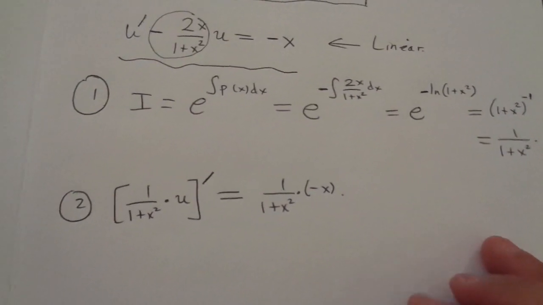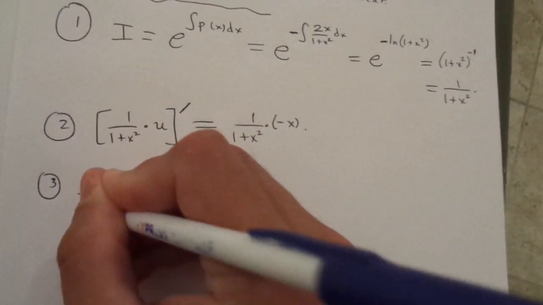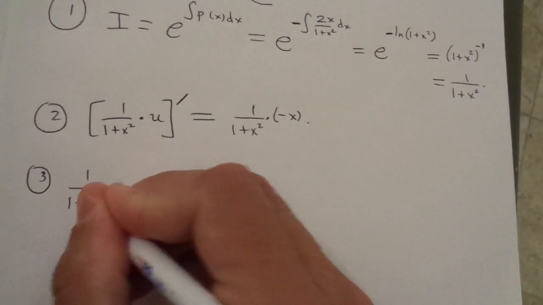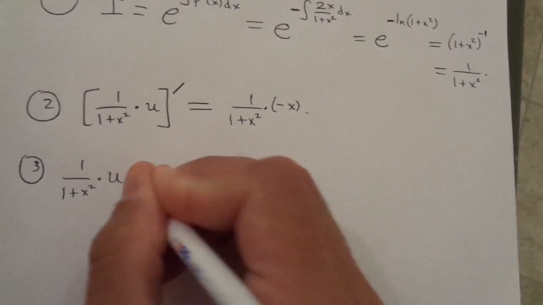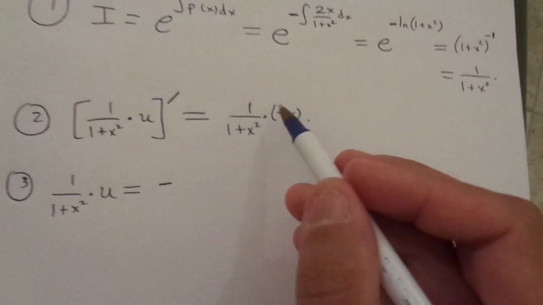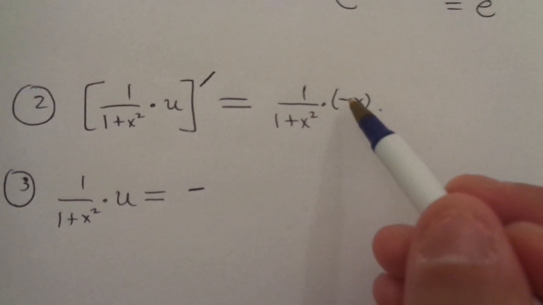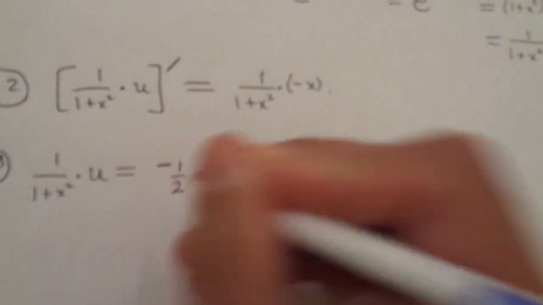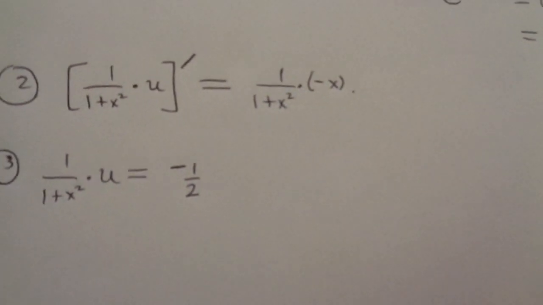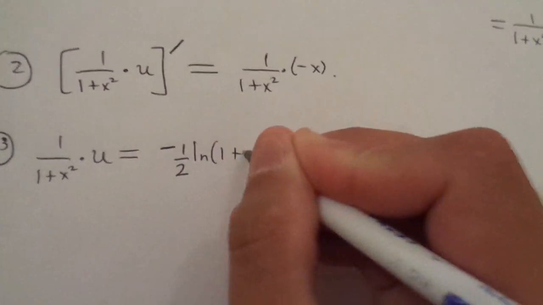Hopefully so far so good. Finally, I just have to integrate both sides. On the left, I'm just going to get rid of the derivative that I see there. And on the right, when I do this integration, I'm going to take out the minus sign from right here, and then I need to put in a 2, so I'm going to pay the price by putting a 1/2 in there. And then the rest of it is, again, just the integral of du over u.